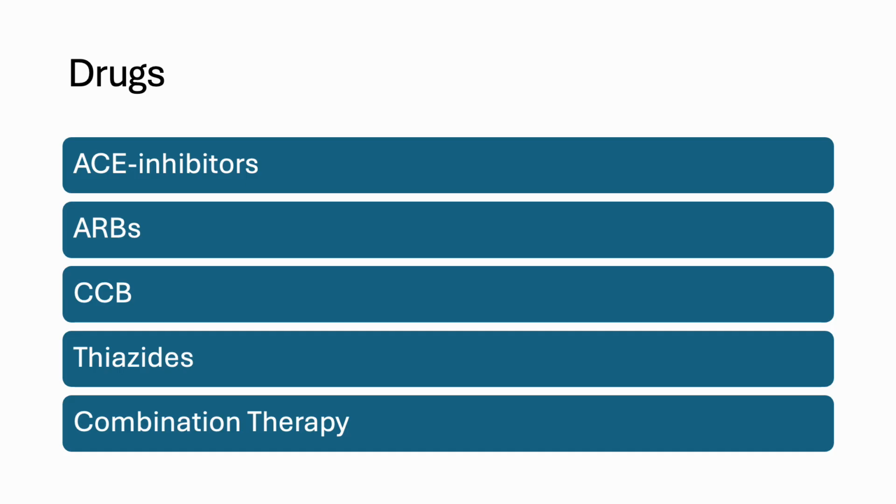But what has been said is multiple guidelines and meta-analysis show that the degree of reduction of blood pressure is more important than a choice of any individual agent. Some patients might have a compelling indication for a particular agent due to a comorbid condition. But some of the common agents are ACE inhibitors, ARBs, calcium channel blockers, thiazides, and combination if treatment goals are not met.